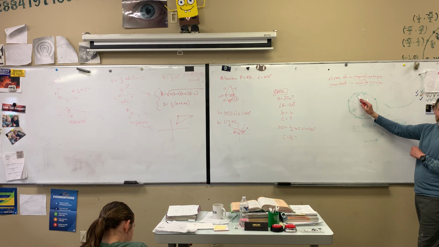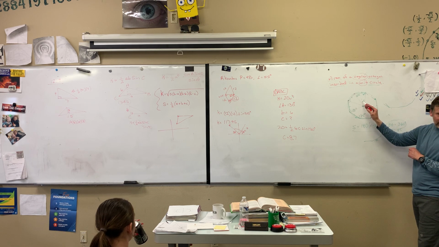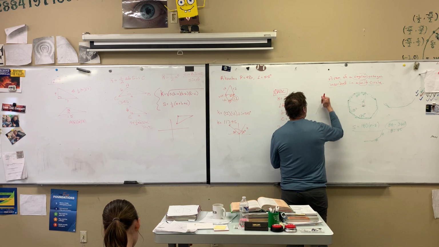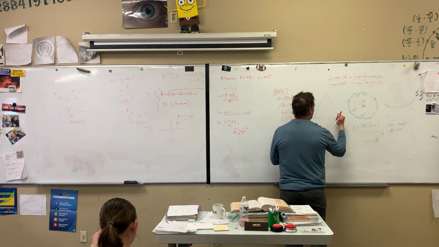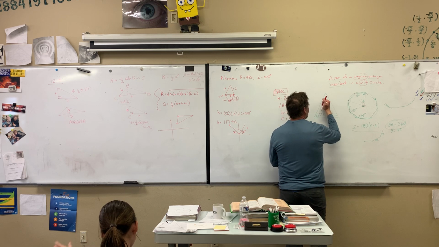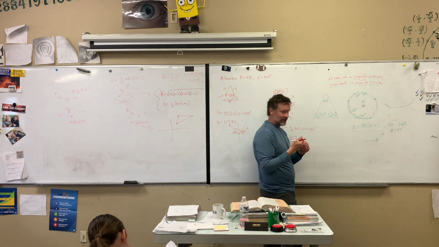And therefore, isosceles triangle, this is 67.5 and 67.5. Okay? So now I'll draw the triangle, and you're looking at 67.5, 67.5, and 45.